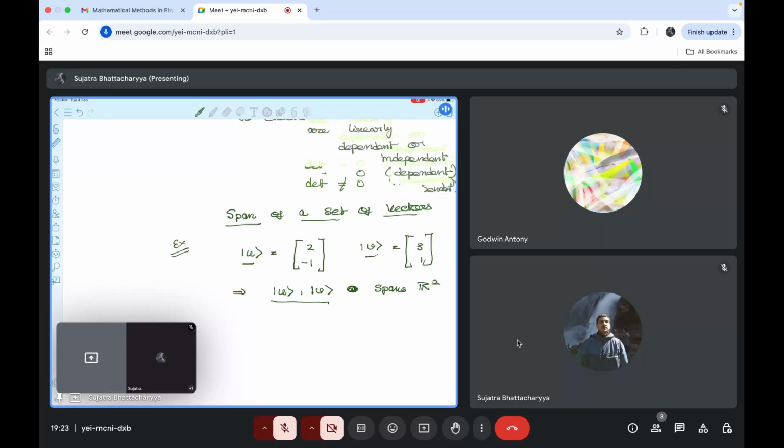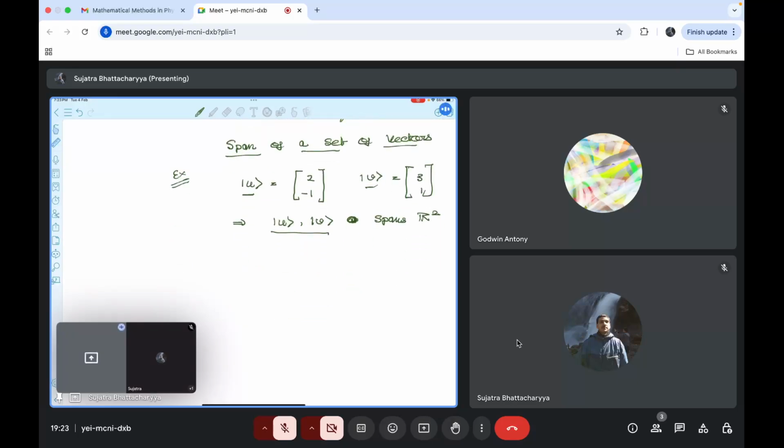What does that mean? U and V span R2 means that we can write any vector in R2 as a linear combination of these vectors U and V. That's all.